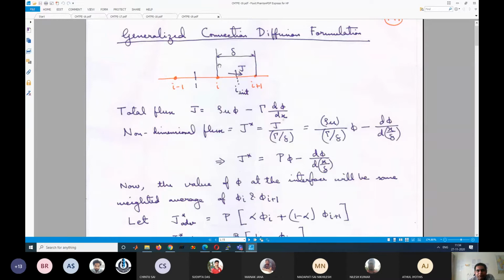Now the upwind scheme is slightly tricky because you have to consider the direction, but say P is positive. If P is positive, how will you write the value of phi at this interface? Is it phi I or phi I plus 1?